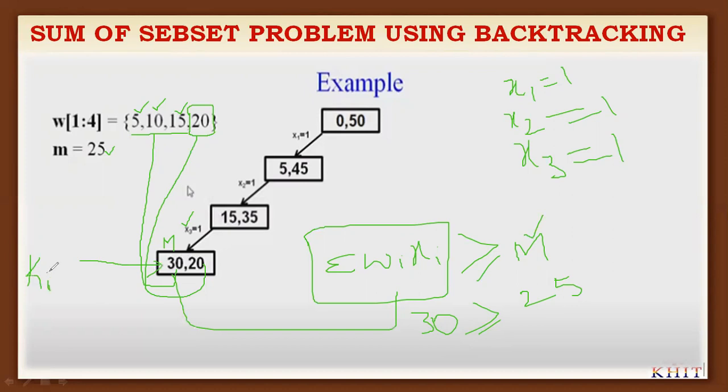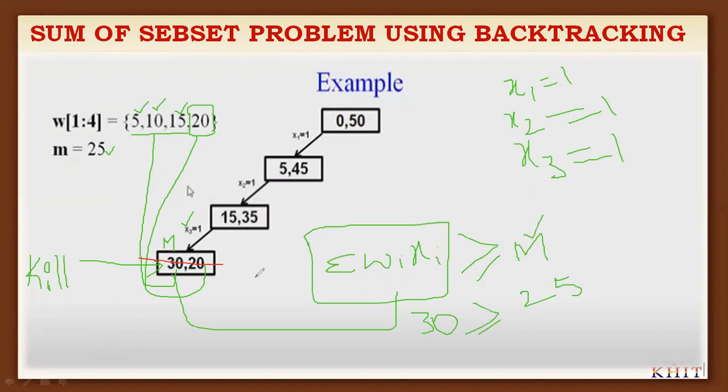If you want to kill the node, simply strike off the node. Once you strike off the node, go back and select another item. If you select the items like this, x1 equal to 1, x2 equal to 1, x3 equal to 1, that means if you select the first item, second item, and third item, you will not get the solution.